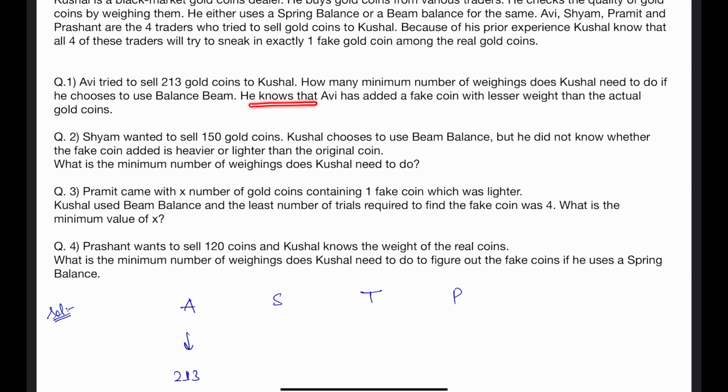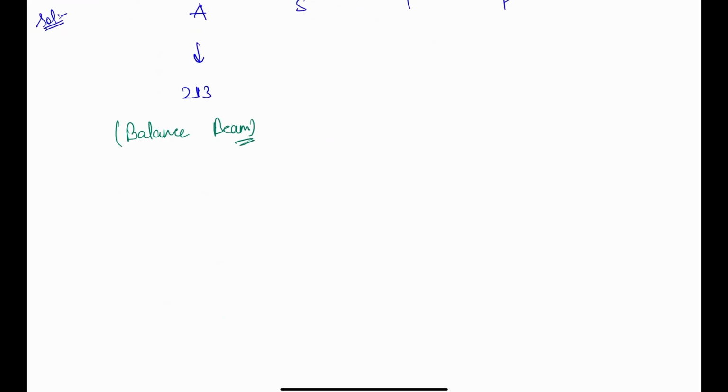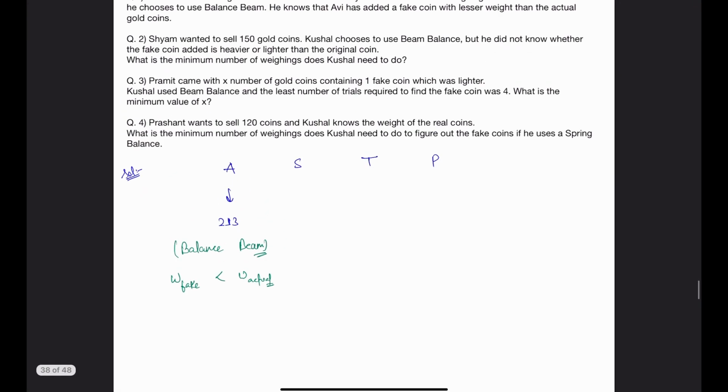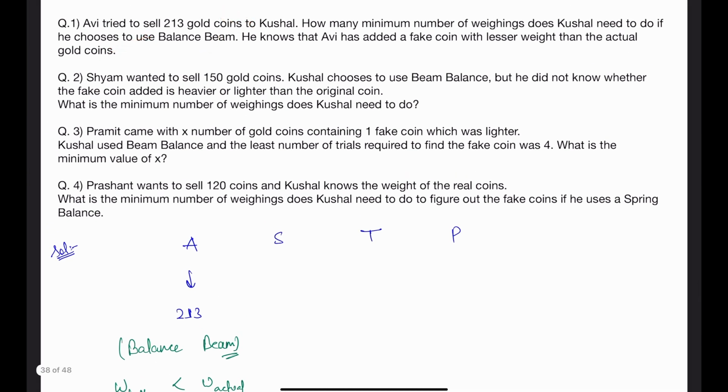He knows that Avi has added one fake coin with lesser weight than the actual gold coin. So I can say that the weight of the fake is less than the weight of the actual. This is what Kushal knows for Avi. Okay, so this question is done.